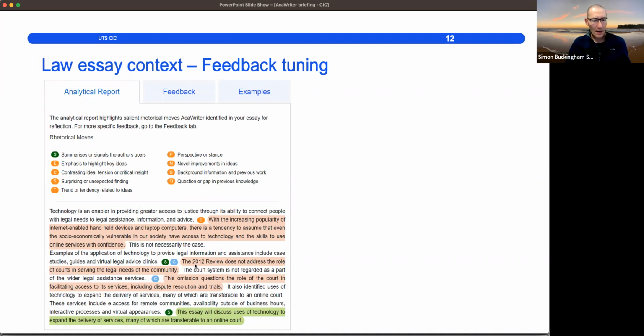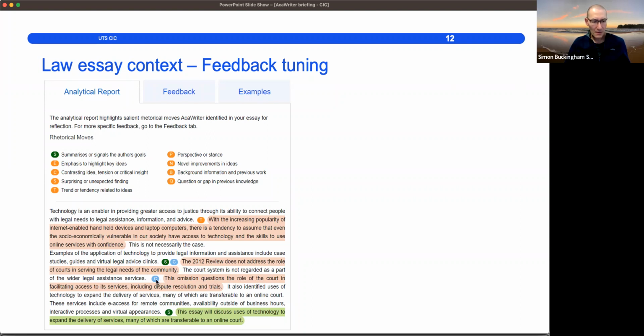Okay. "The 2012 review does not address," okay, so AcaWriter goes, something does not address. That sounds like a weakness or a problem of some sort, and it calls it a contrasting idea or a tension or an insight. "This omission questions the role of."